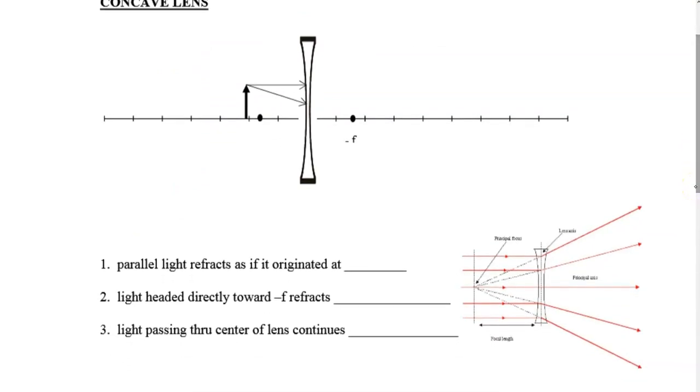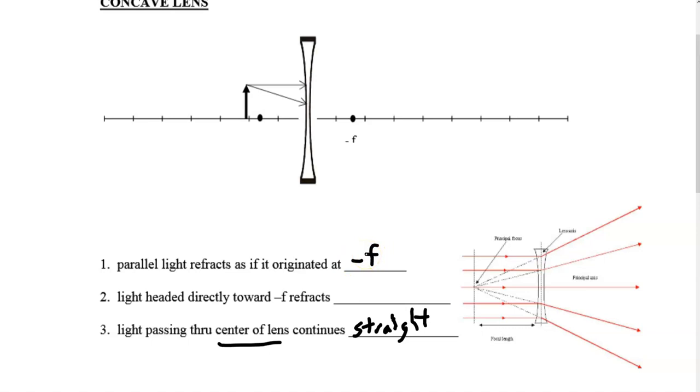Well, it's very similar to a convex mirror. So we can do 3 light rays. One is pretty easy, and I'm going to do the third one. Light passing through the center of the lens continues straight. There's nothing startling about that. Parallel light refracts as if it originated at the negative f.